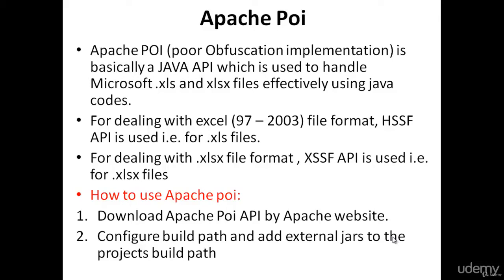So in order to perform any operation with Excel files, we first need to download the Apache POI APIs from the Apache website itself, and then add them to our project build path, right? So how are we going to do that?